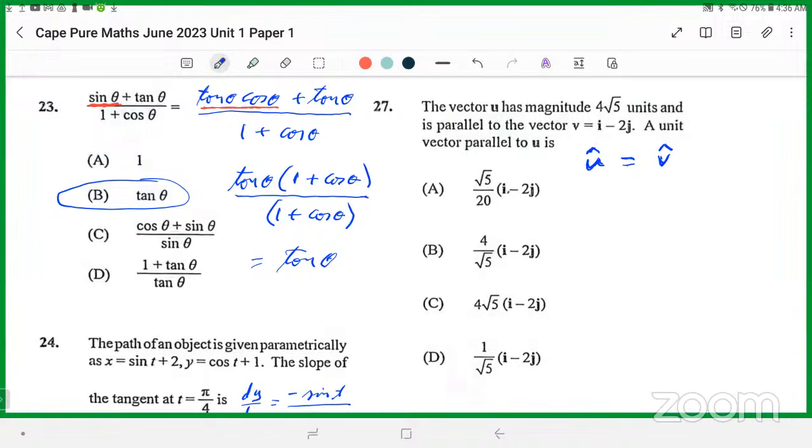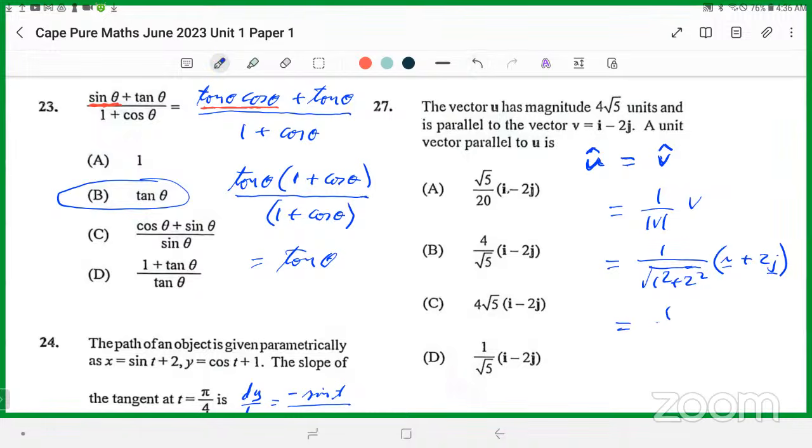So we're calculating the unit vector of this to get the answer, which is 1 over the modulus of the vector times the vector itself. What is the modulus? 1 over the square root of 1 squared plus 2 squared, times the vector, which is i plus 2j. And this becomes a 5.